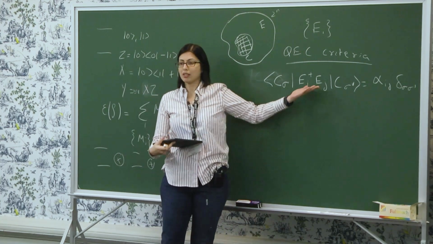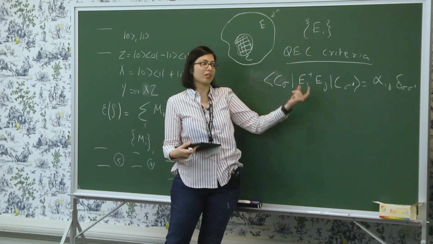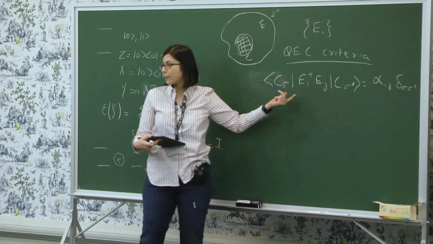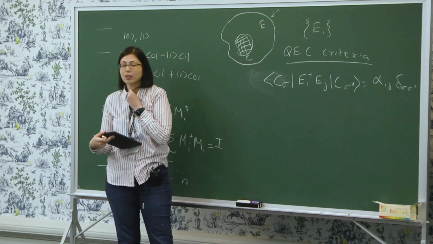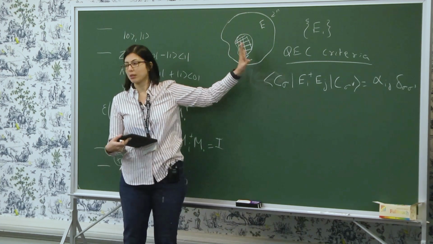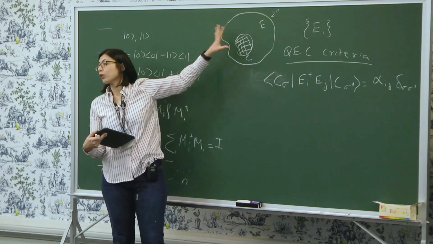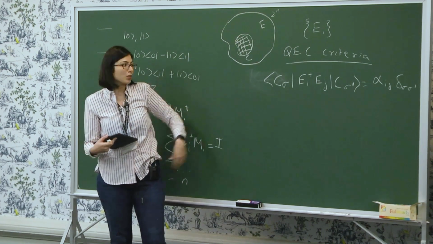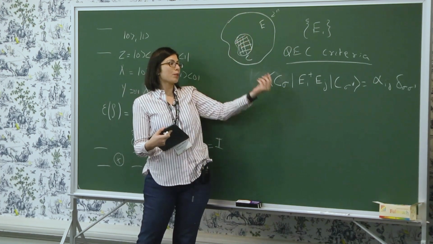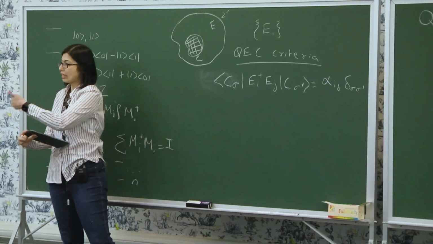Okay, so this is a bizarre looking condition, but if this condition is satisfied, that means these errors are correctable. Yeah. C sigma is just some states in your code space. So C just represents that this is a code space, and sigma primes are basically taking you to different states in the code space. Yes.